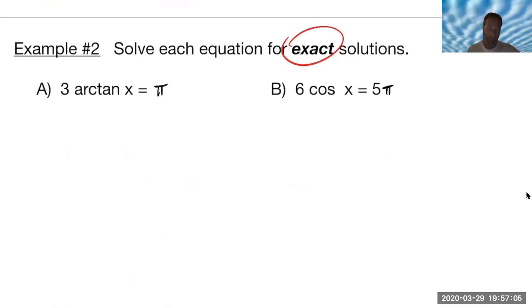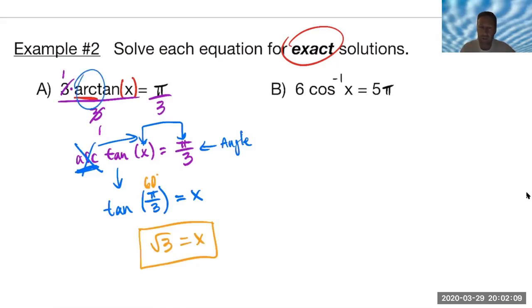So in this case, anytime you see a trig function, you want to isolate it and get it by itself. In the second one here, we have a similar look, but this time, hopefully you notice instead of arc, they now have the negative 1, still denoting the inverse. So whether it's arc or the negative 1, you need to know that it's dealing with the inverse.